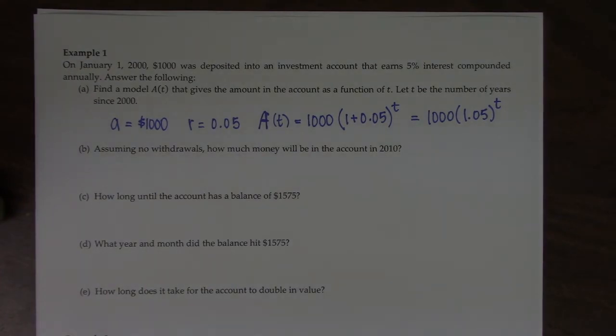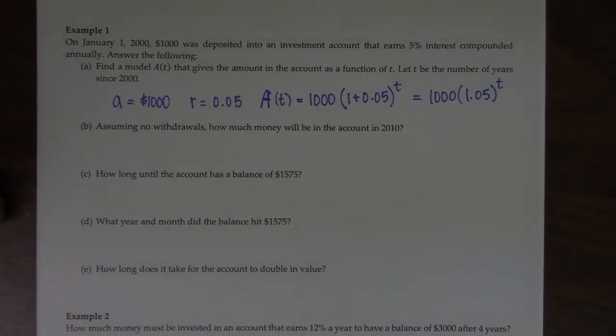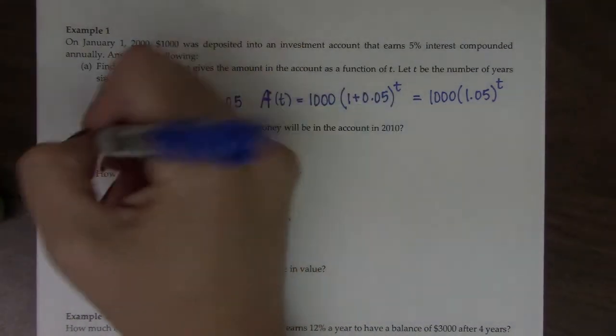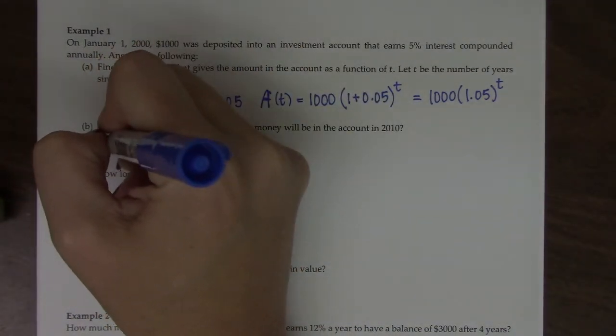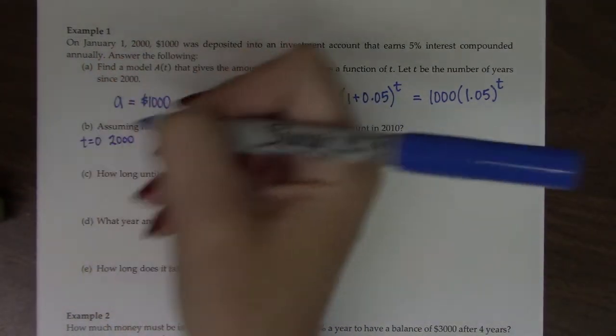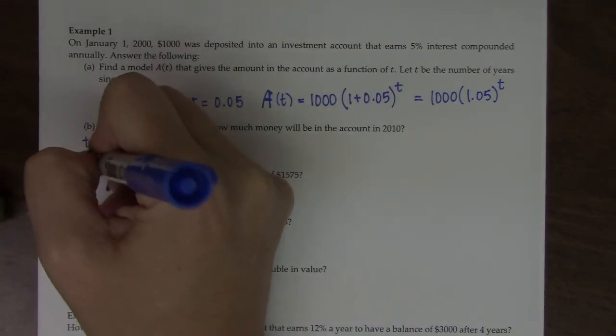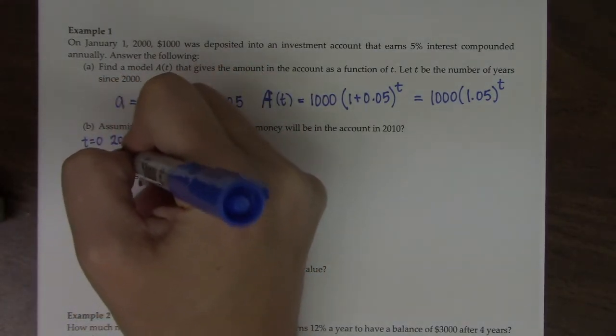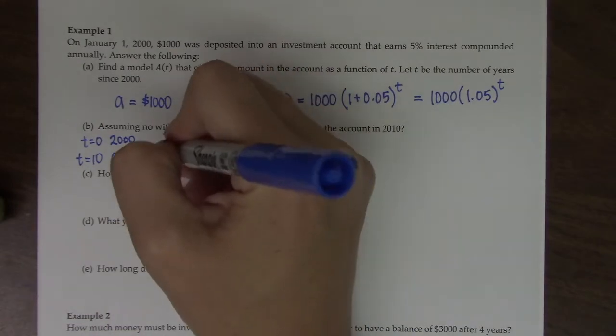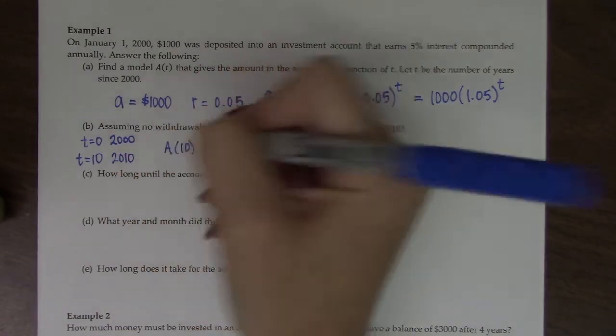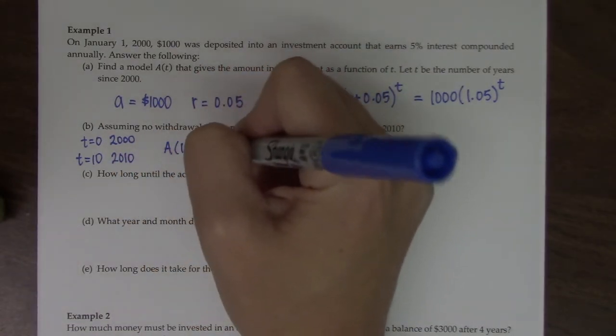Part B says, assuming there's no withdrawals, how much money will be in the account in 2010? We said let t be the number of years since 2000. So t equals 0 is the year 2000, so t equals 10 is the year 2010. We want to plug 10 into our equation.